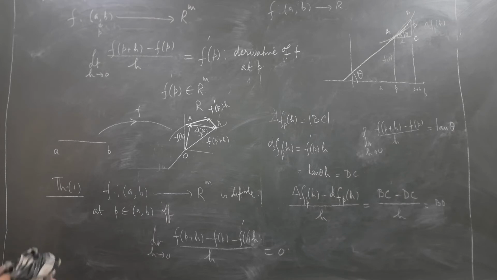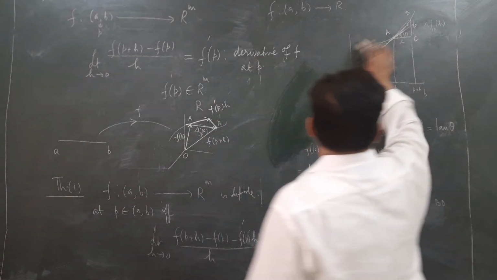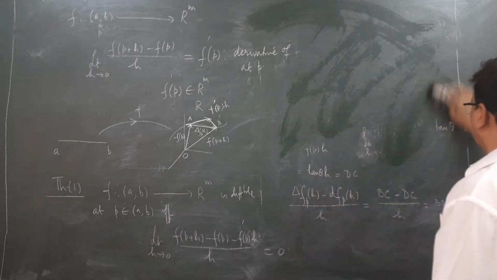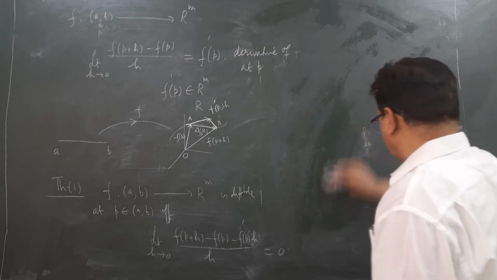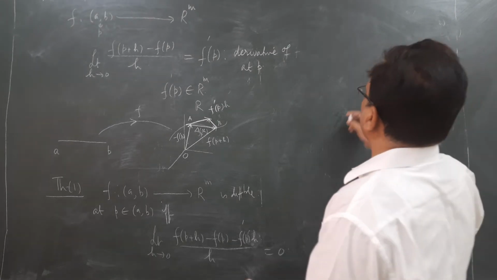Now the only difference is that it's a vector quantity. One can ask what are the components of this vector, which is f dash p. So the derivative is a vector quantity.